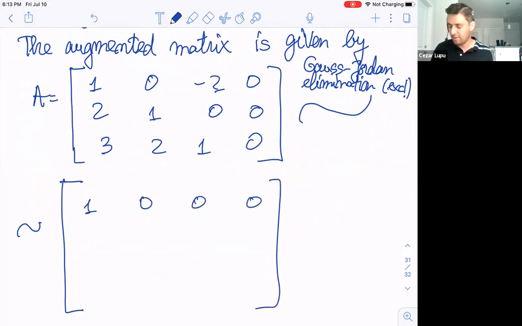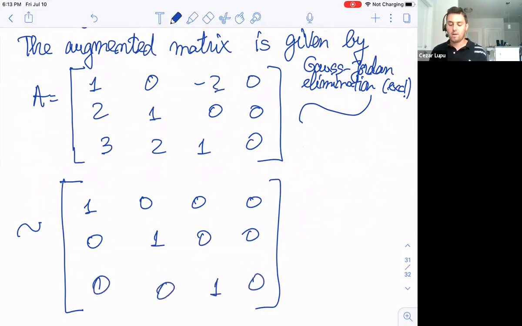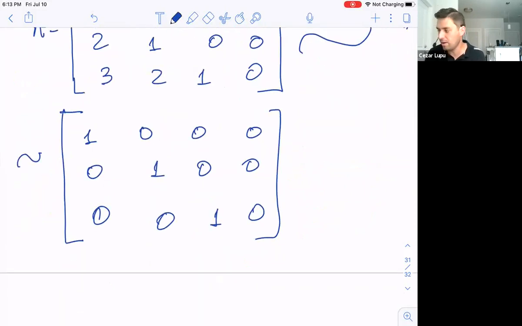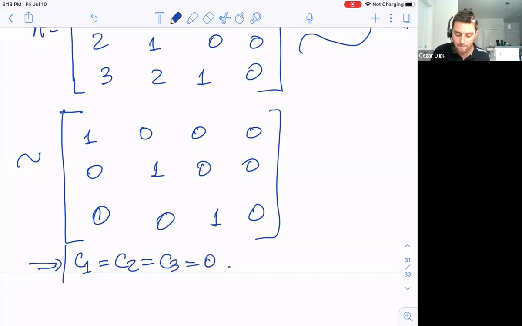You'll be surprised. 0, 1, 0, 0. 0, 0, 1, 0. And of course, in the end, I have to obtain this matrix because this will force me to conclude that C1 equals C2 equals C3, and this is 0.